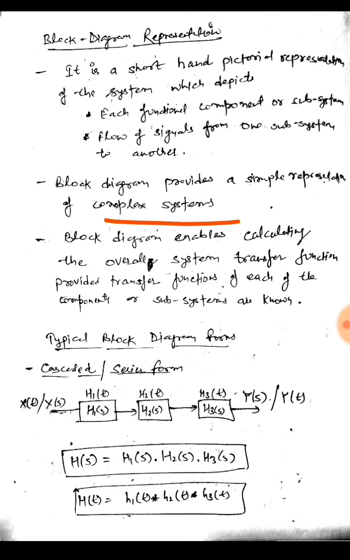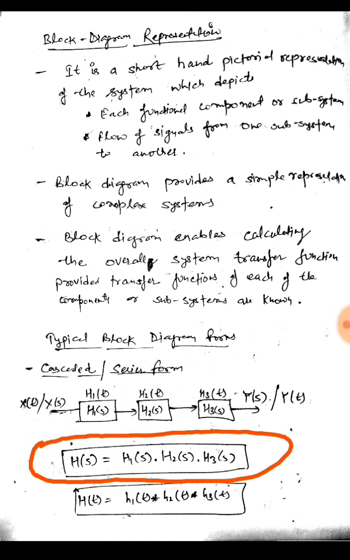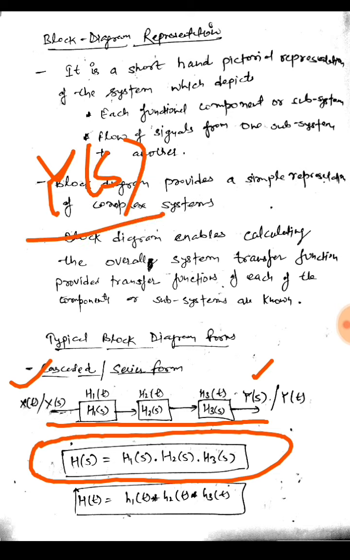So there are two forms: the cascaded or series form, or the parallel form. In the cascaded form, two LTI systems or more than two systems are connected in series, that is, the output of one is fed to the input of the other. In this case the overall transfer function would be a multiplication in the frequency domain. So the overall transfer function of this system, whose output is Y(s) and input is X(s), can be calculated as Y(s), the output at the last stage, over the initial input.